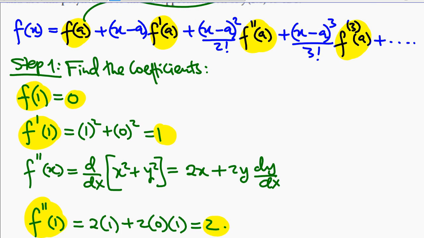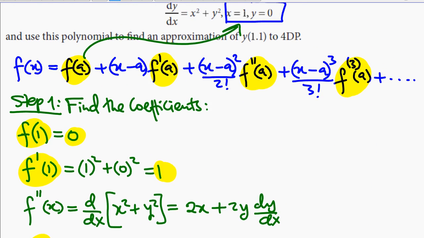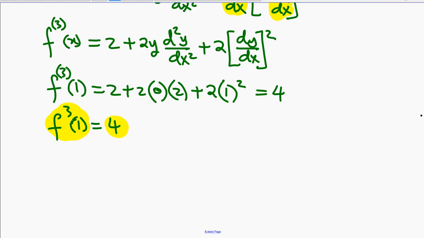So if we plug them back here, that will be our step 2. Step 2 will be substitute the coefficients into the expansion.